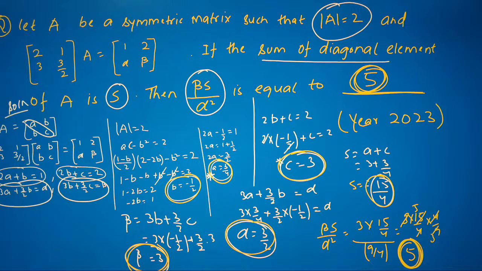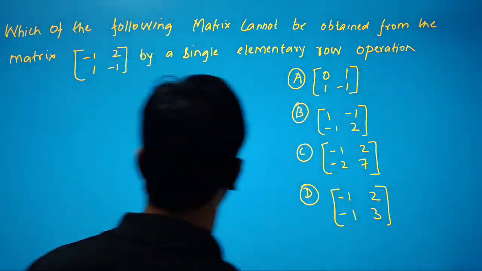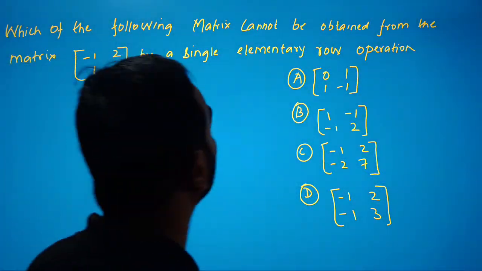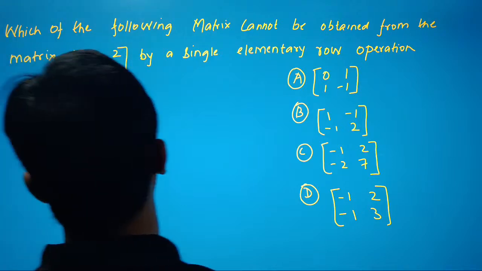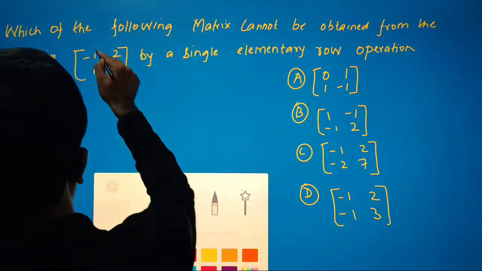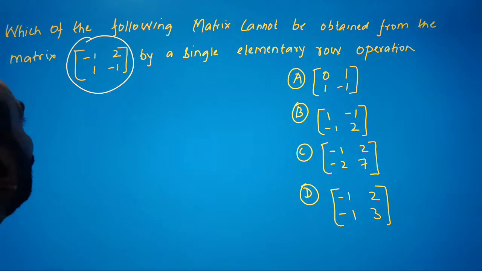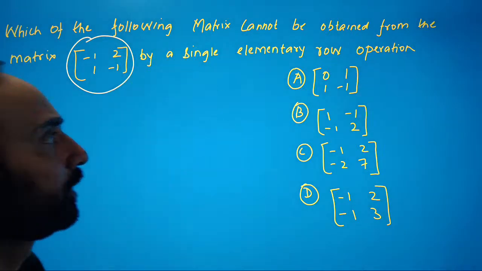Okay, now we will move to the third question, and let's see what the third question is. Which of the following cannot be obtained from the matrix? The matrix given is 1, minus 1, 2, 1 and minus 1 by a single elementary row operation.